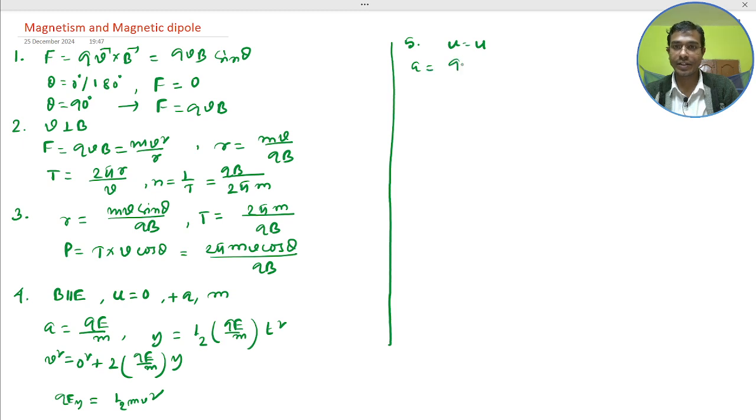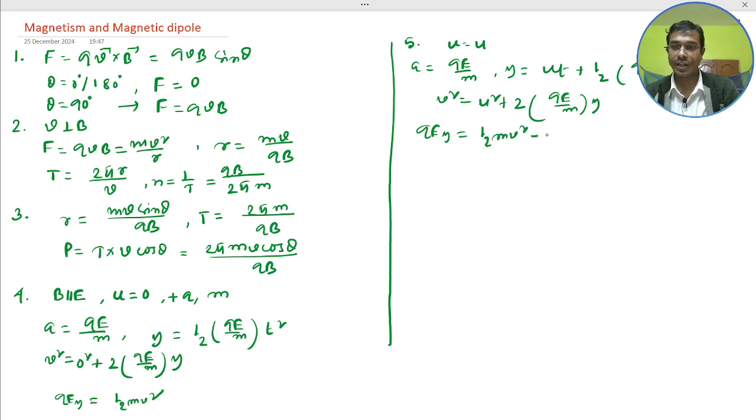So here acceleration qE by m, and y equals ut plus half at square, that is qE by m t square, and v square is equal to u square plus 2 qE by m into y, and qEy, the equation of motion, is written as half mv square minus half mu square. Third one, the initial speed would be 0. So this is most important, and here y equals half qE by m t square.